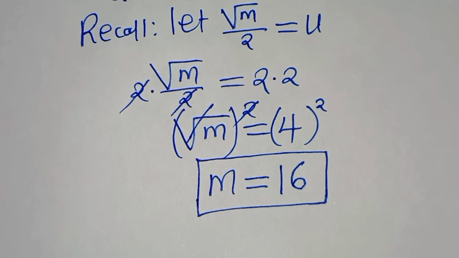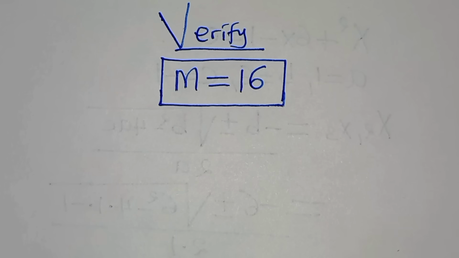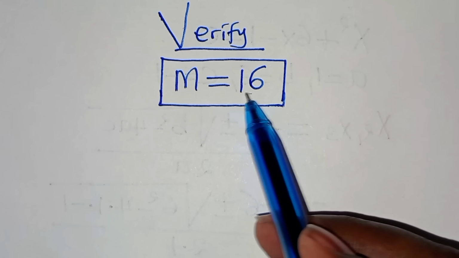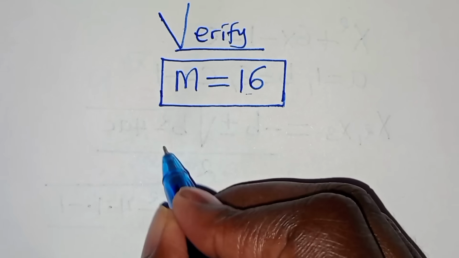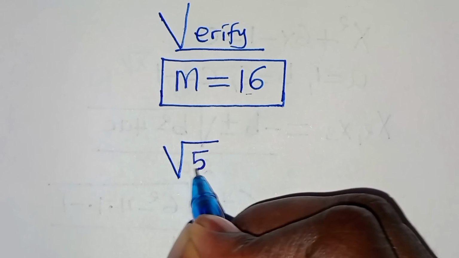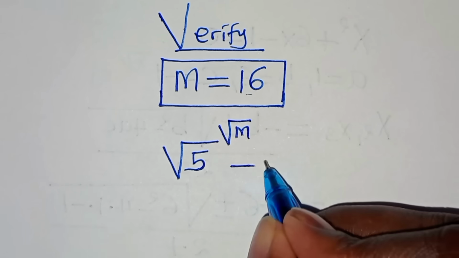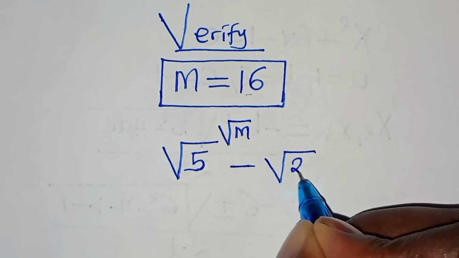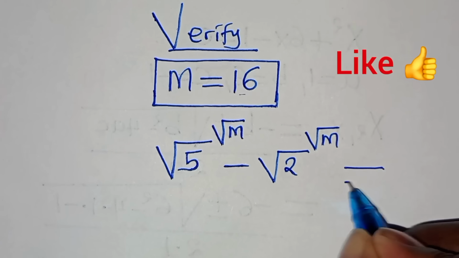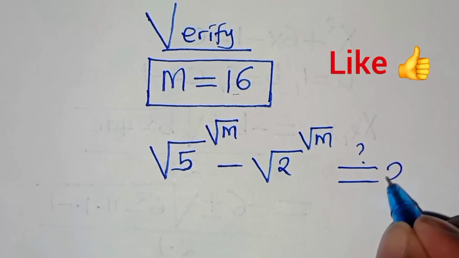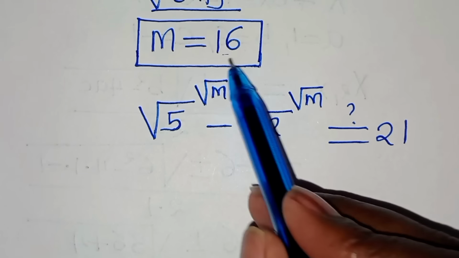The next step is to verify that this value of m satisfies the equation. Now, if you recall, we have square root of 5 raised to the power of square root of m, minus square root of 2 raised to the power of square root of m. This should give us a value of 21. Now let's substitute m, which is 16.